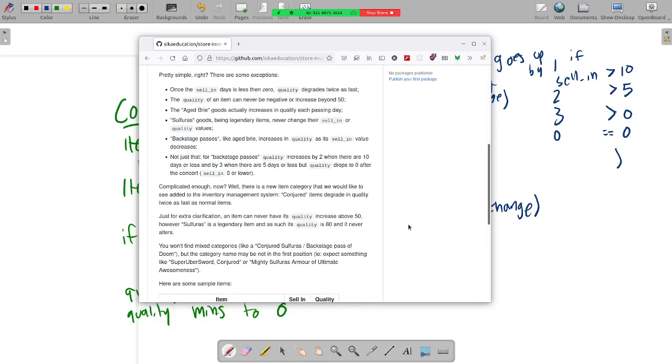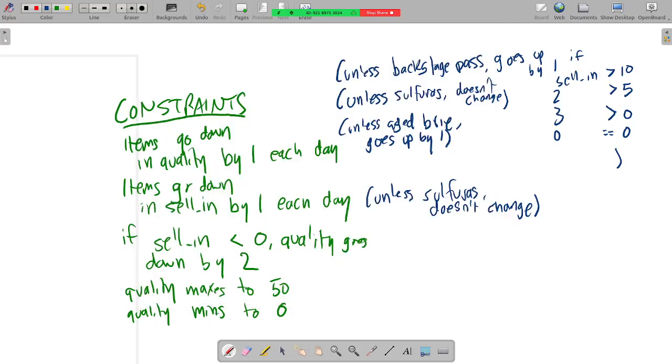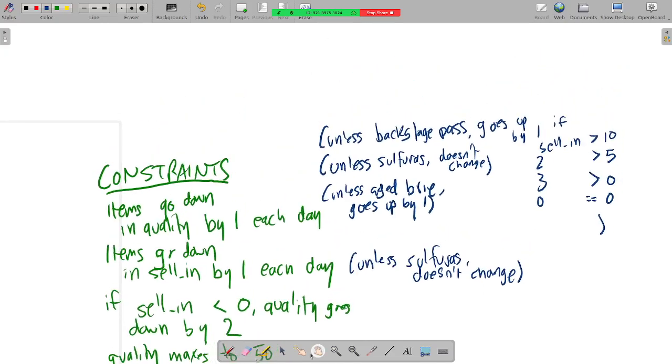Now there's a new category that we would like to see added to the inventory management system. Conjured items degrade in quality twice as fast as normal items. And so that's another change to this constraint. That would be unless conjured, it goes down by 2.